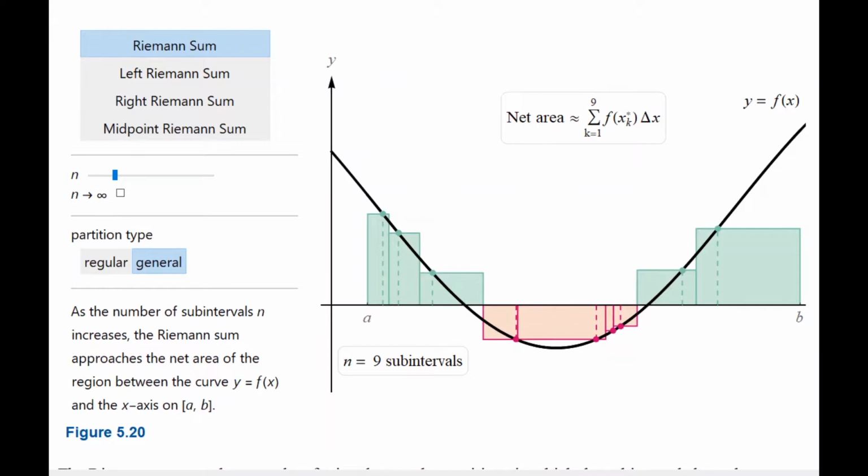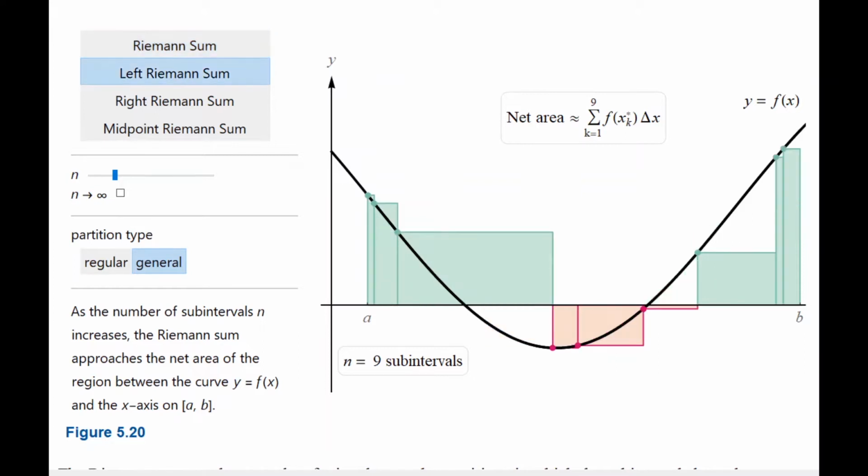Now, keeping the general partition, but making it a left Riemann sum, notice we're evaluating the function at the left endpoints of each of the subintervals there.